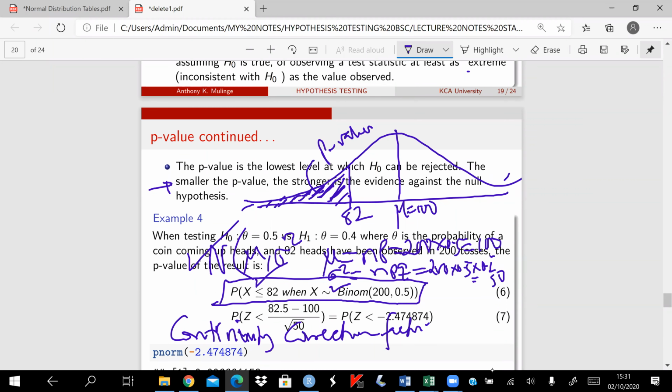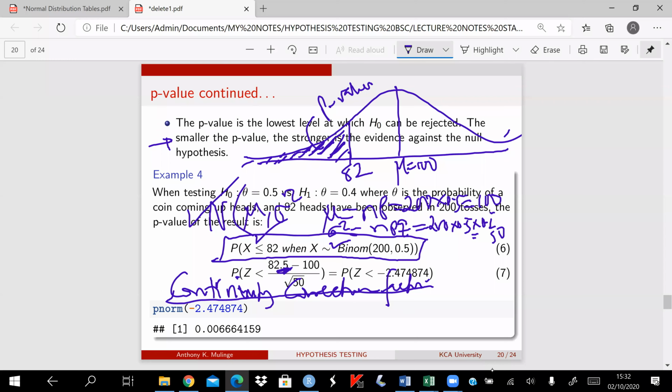So we are now going to work with the probability that z is less than... Now we find the corresponding value of z when x is 82.5. For continuity, we switch from 82 to 82.5.